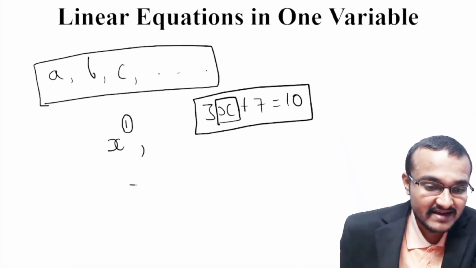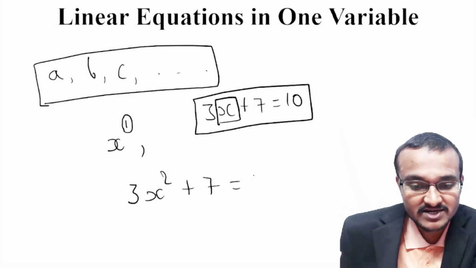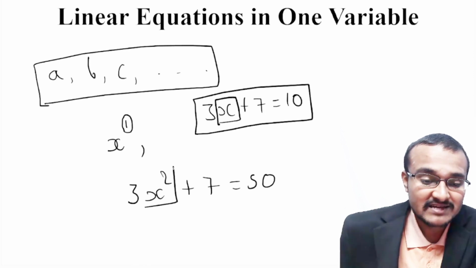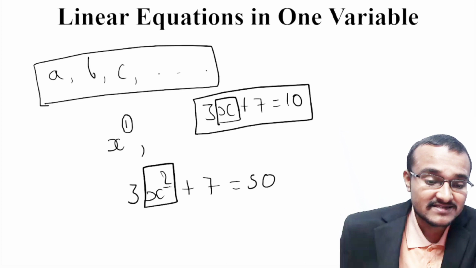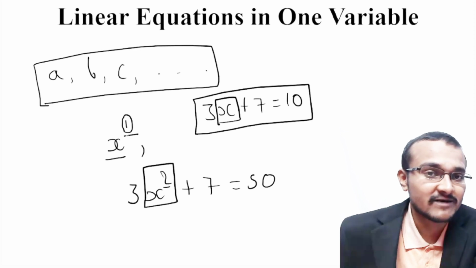For example, if I have something like 3x² + 7 = 50, this variable has power 2. If a variable has power equal to 1, only then is it a linear equation.